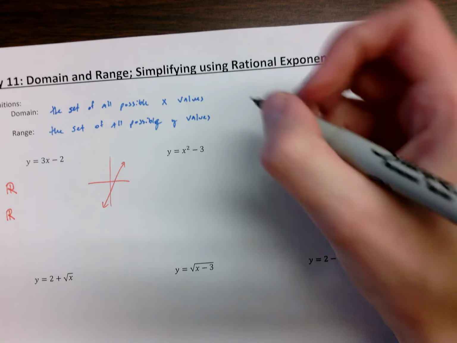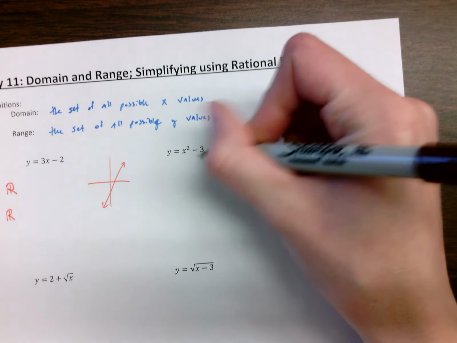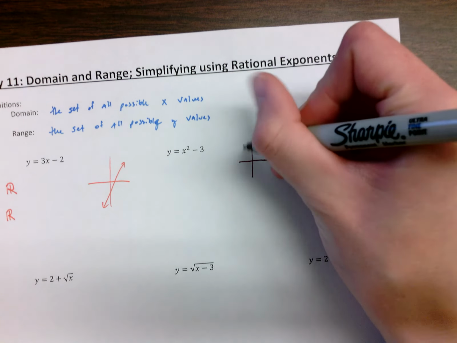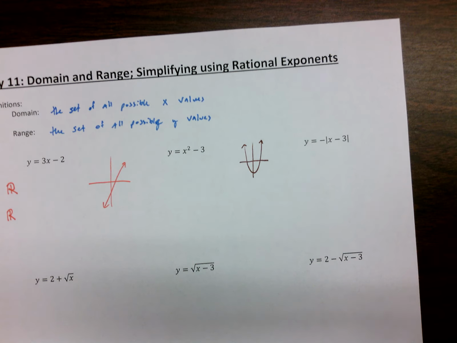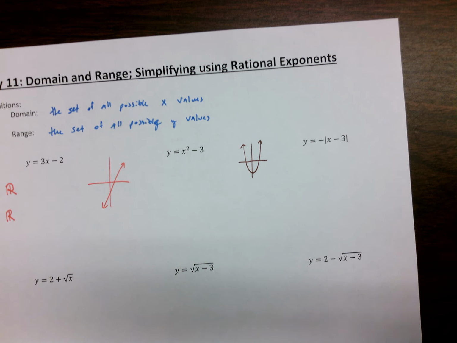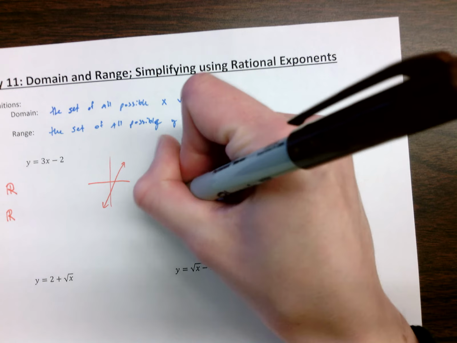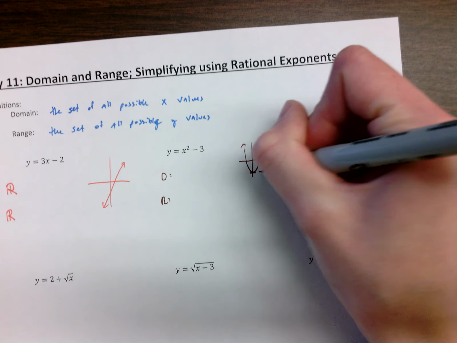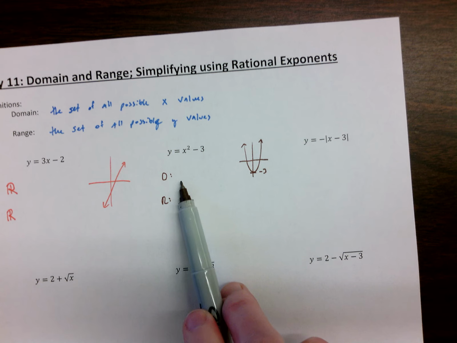So this one's a quadratic, and I know it's been shifted down 3. So it's a quadratic that looks something like this. Great. From here, I'm going to figure out what my domain and range are. Remember, this guy down here is at -3. So for my domain, I'm asking about the x values.